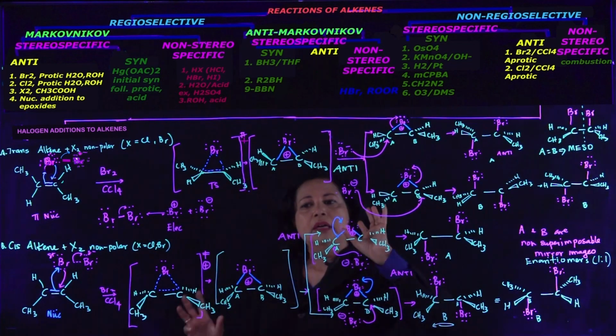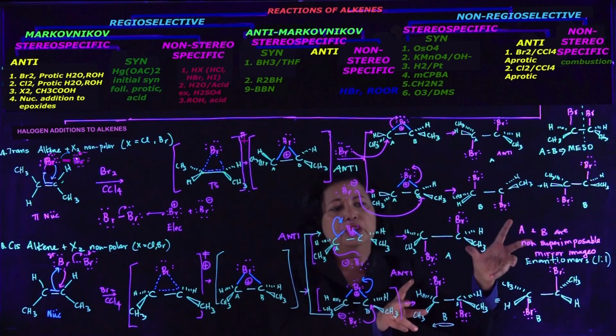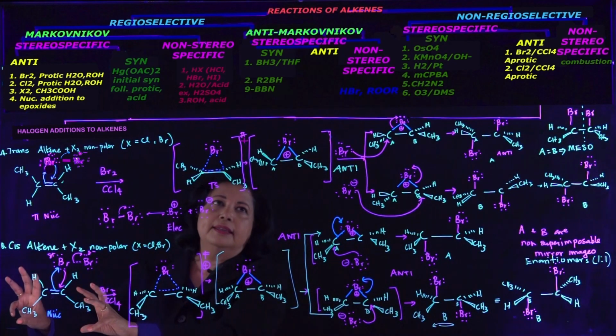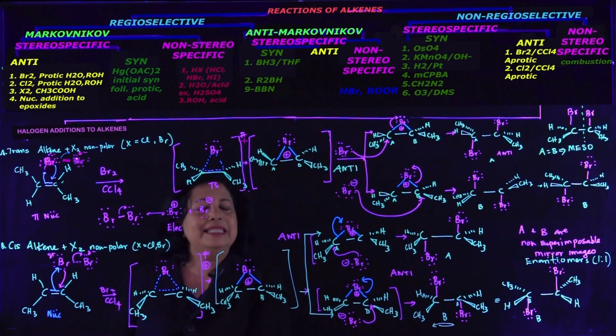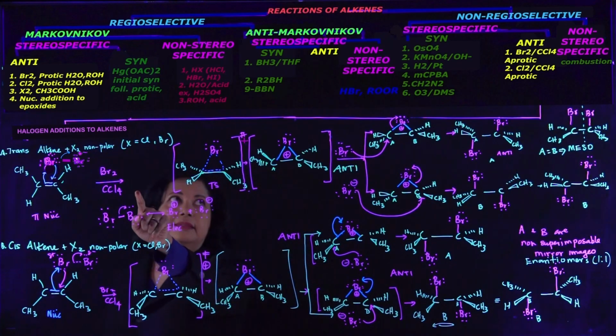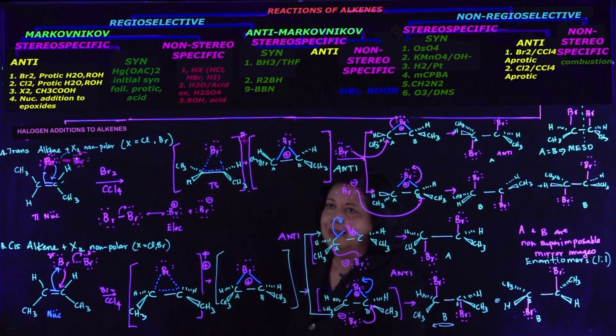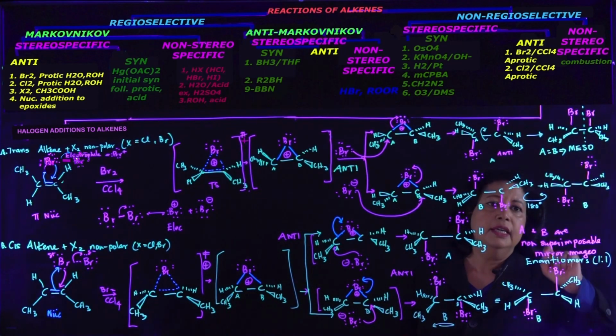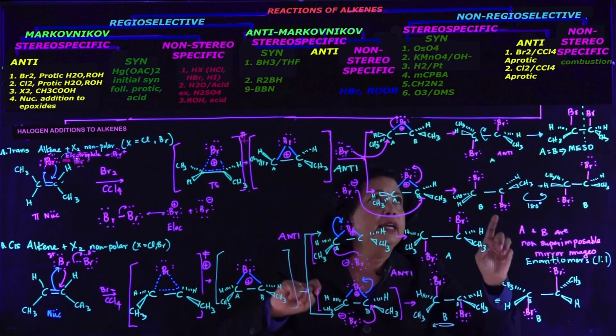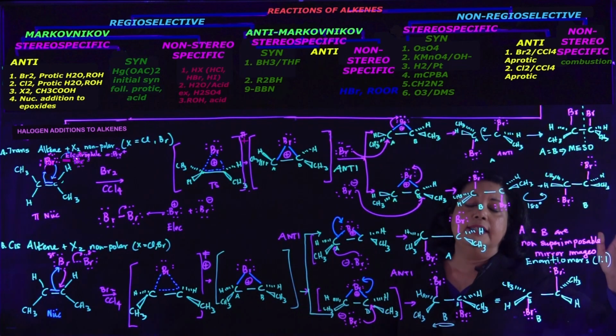Iodines, well, when they add, they tend to fall apart and come back to the starting material. So this is not a reaction that's done with iodines with this mechanism. Fluorines don't really work too well with this. So it's non-stereoselective, but it's anti-stereospecific, and it's non-regioselective.